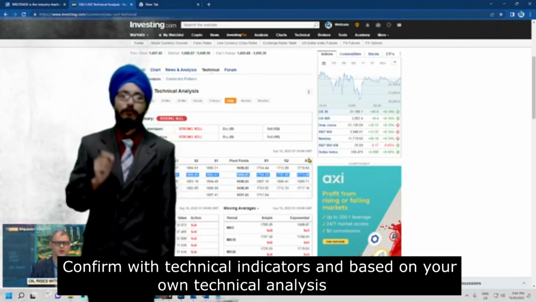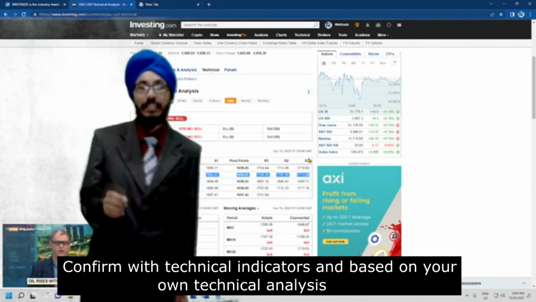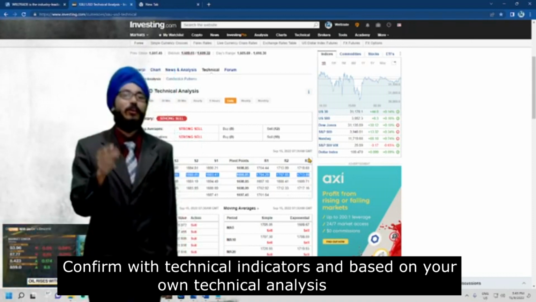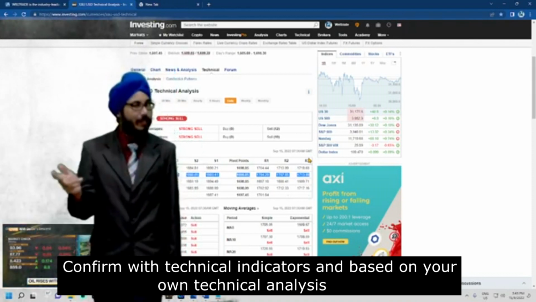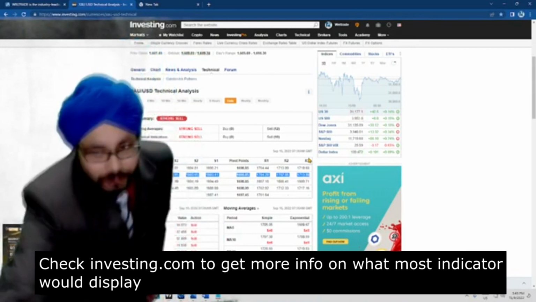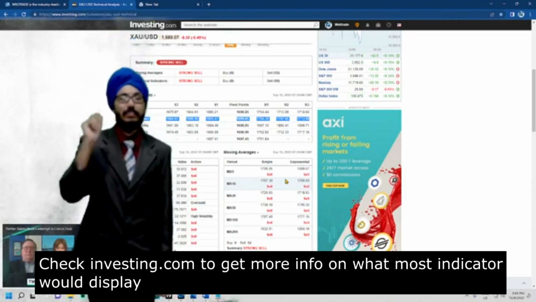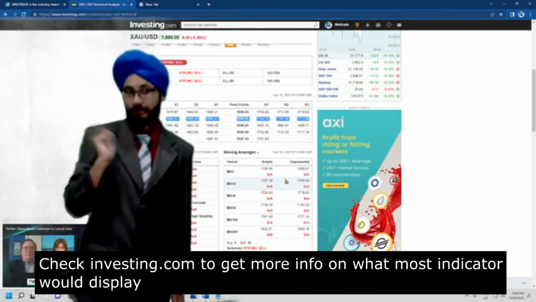However, if you want to confirm whether these are the support and resistance points, we can use the technical indicators, or based on your own technical analysis, the indicators that you prefer, which you can see, what are they actually saying? As we can see, it's a strong sell at the daily.